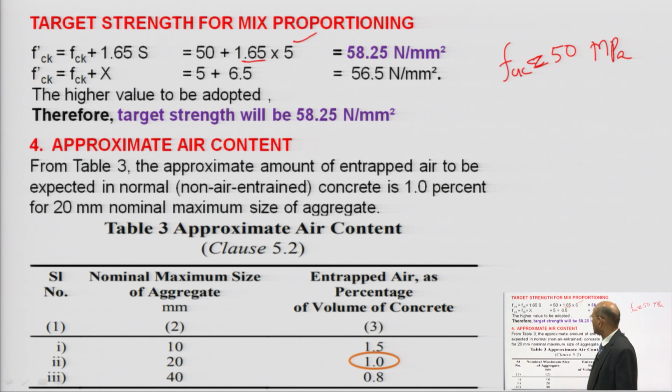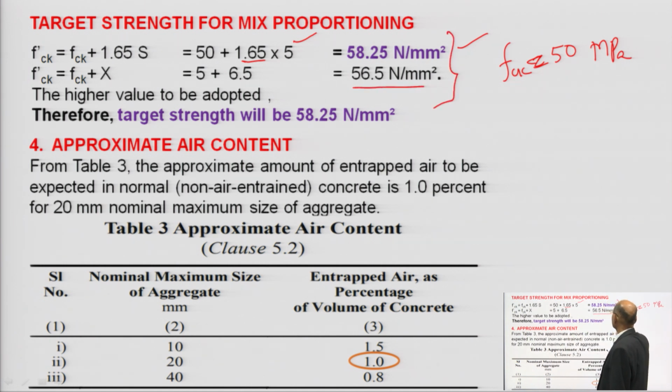So, for the first trial we consider 5, and after the field trial you can adjust this standard deviation. So, you get 58.25 here, and fck plus X is 56.5.